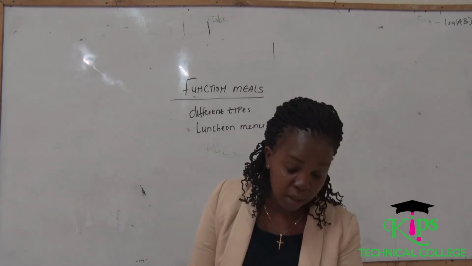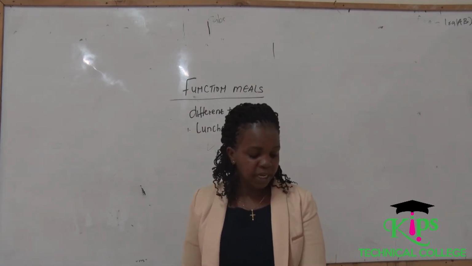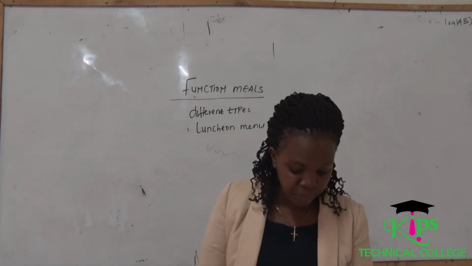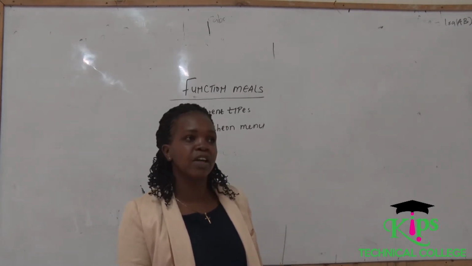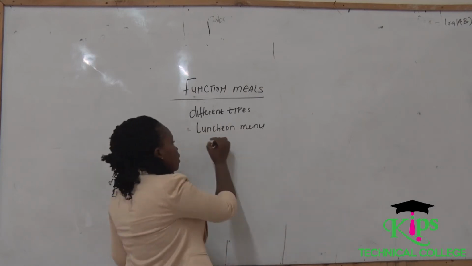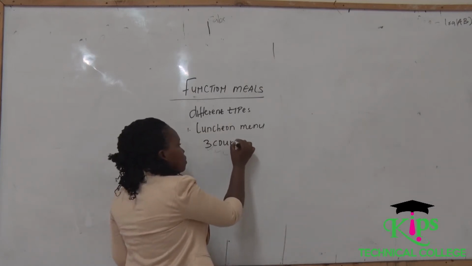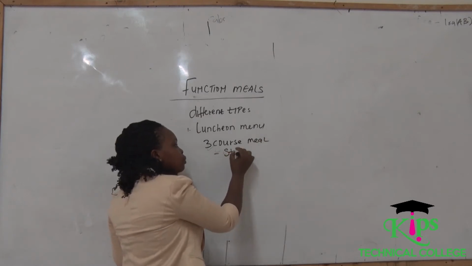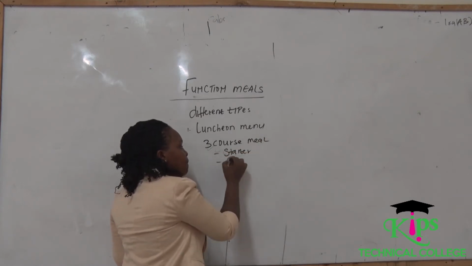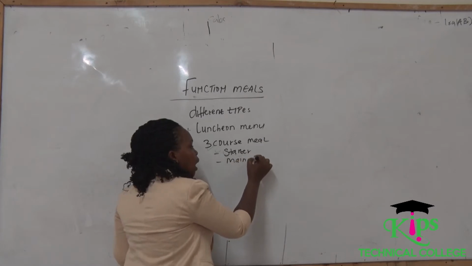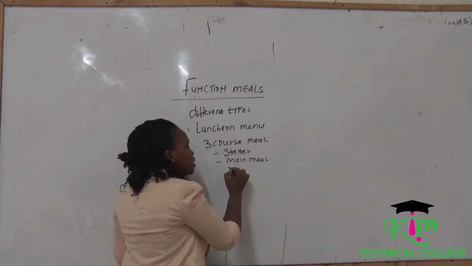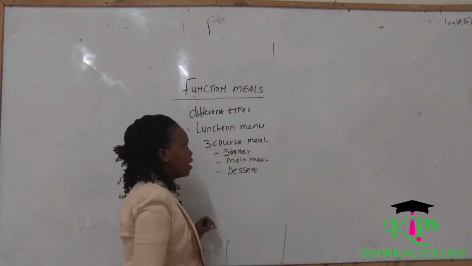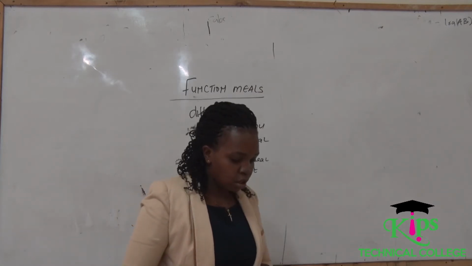This is a meal which is served during lunchtime, that is from 12 to 2 p.m., and it can consist of a 3-course meal. A 3-course meal has a starter, a main meal, and a dessert. That's why it is known as a 3-course meal.